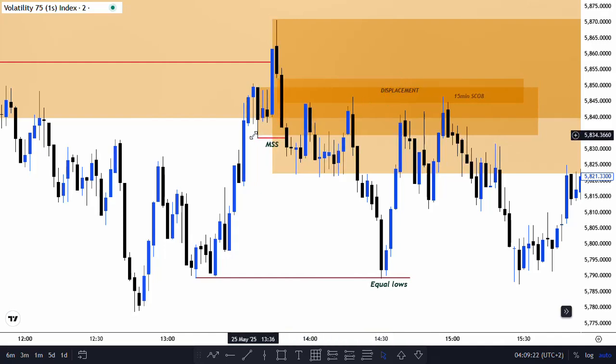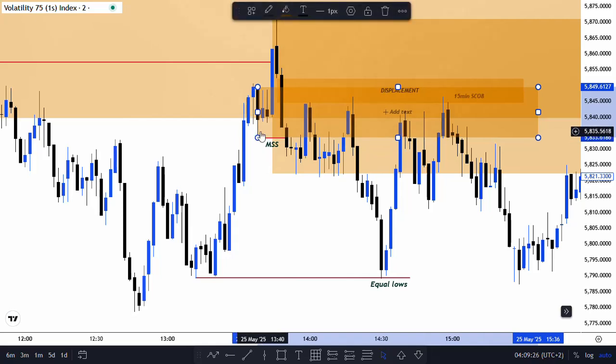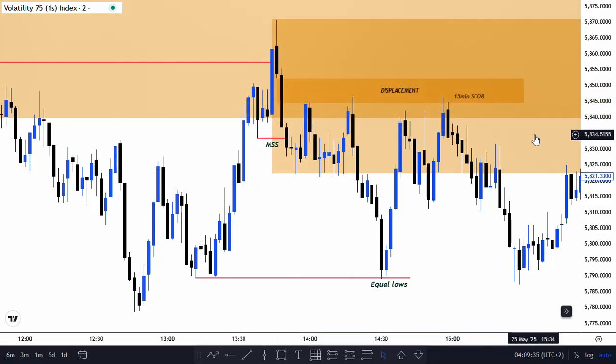This is a breaker block, the displacement, sorry about that. That's a breaker block right there. So there was a lot of stuff that is saying you have to enter this trade here. Now the entries that were made, of course, were made just in the displacement here, right here in the displacement.